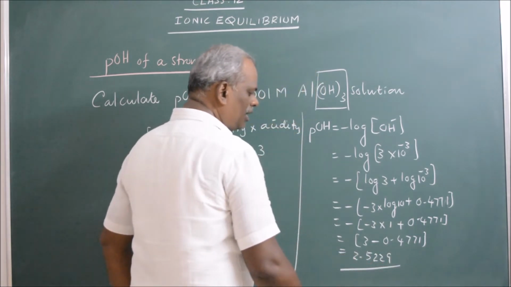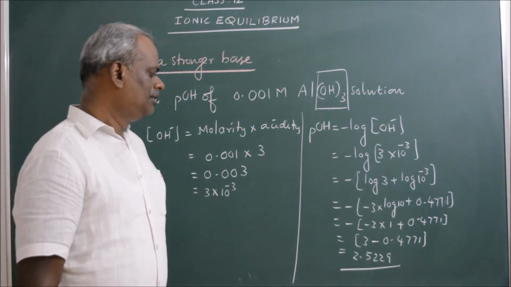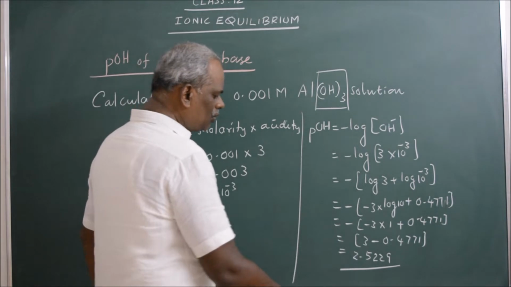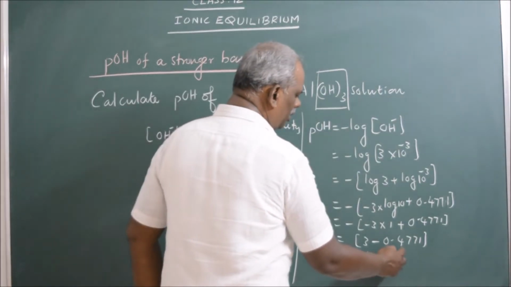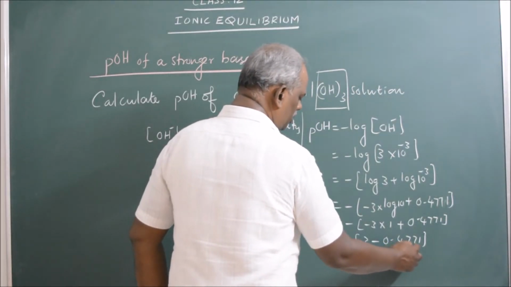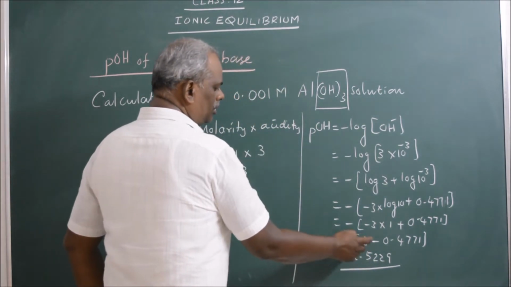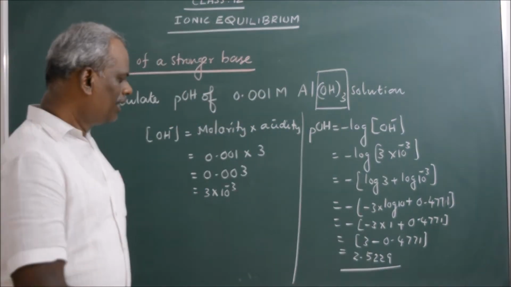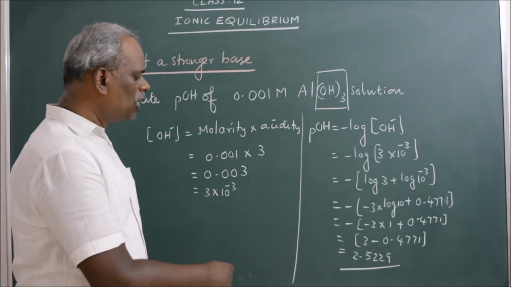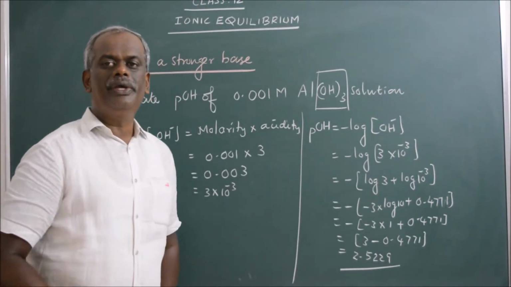That should be the answer for this. When we add these two, 2.5229 and 0.4771, that becomes equal to 3.